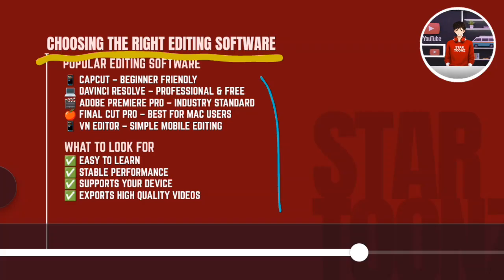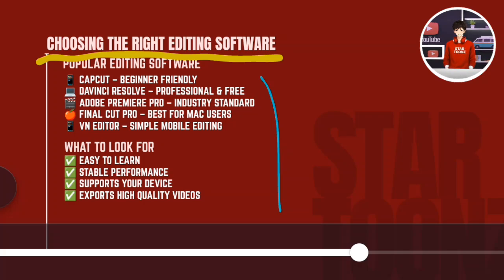If you're editing on a phone, CapCut is one of the best choices for beginners. It has a simple interface, supports text animations, keyframes, auto captions, and many professional features. VN Editor is another excellent option if you prefer a cleaner editing experience. If you're using a computer, DaVinci Resolve is one of the most powerful free editors available.